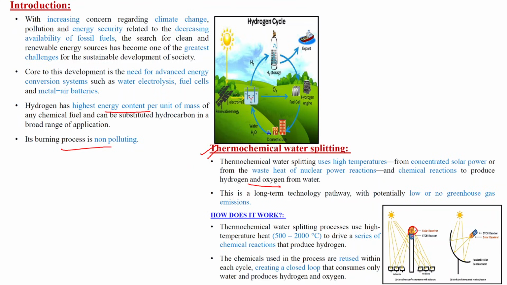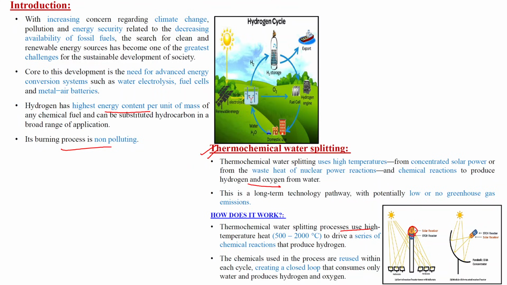After getting all the solar energy here, the temperature rises, and here water is stored, and this temperature rise from the solar energy is used for the splitting of water into hydrogen and oxygen. So if we use heat energy from different power stations or chemical reactions or solar energy, then that procedure is called thermochemical water splitting. Okay, how does it work?